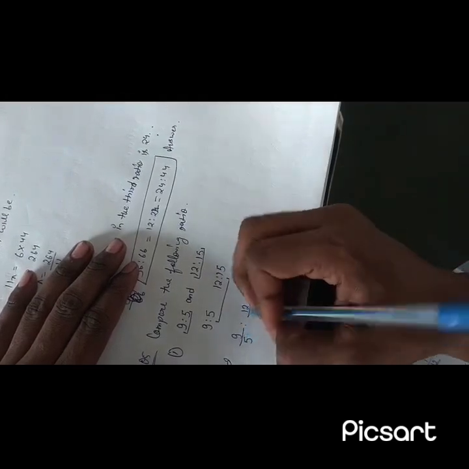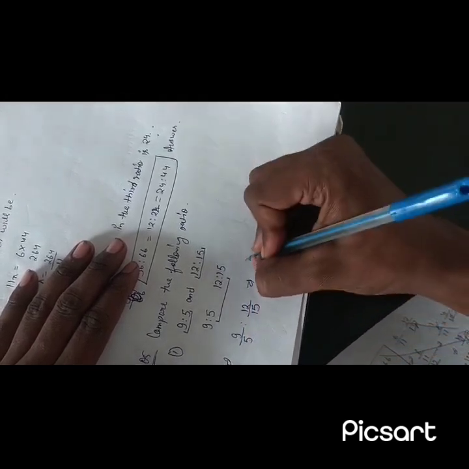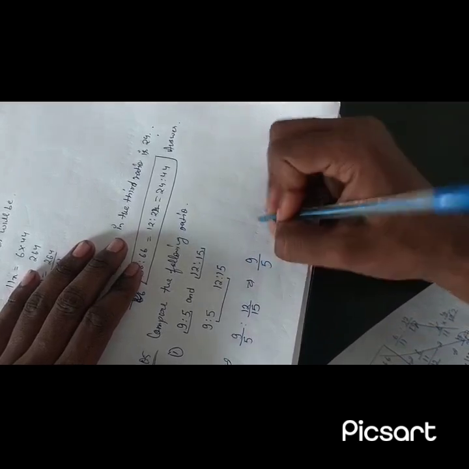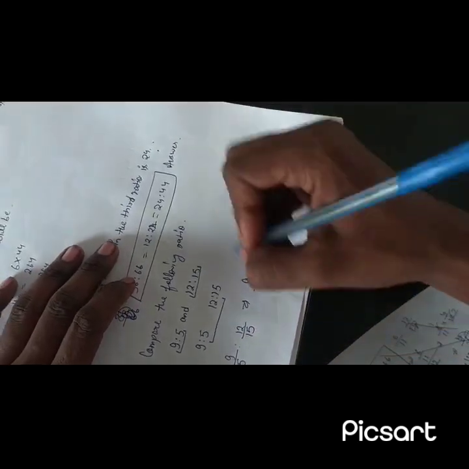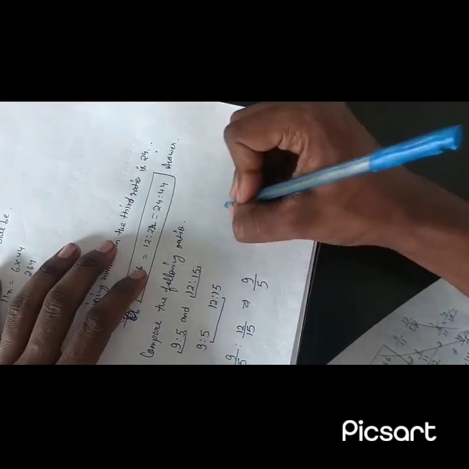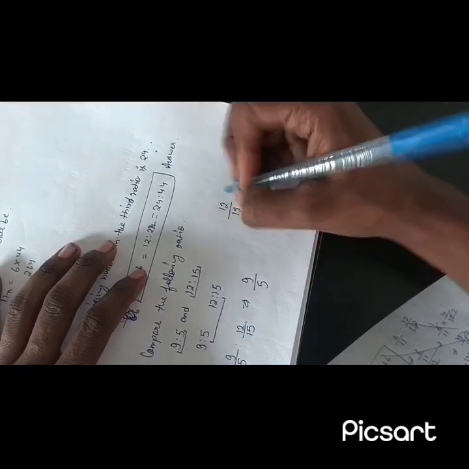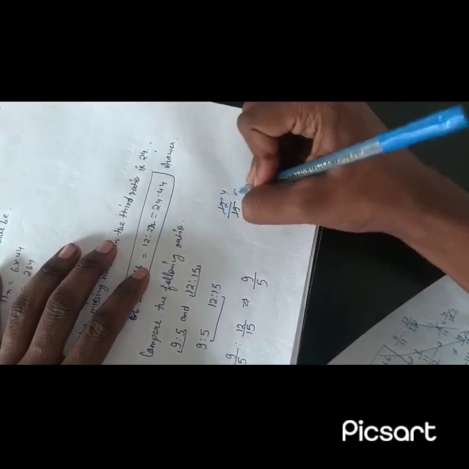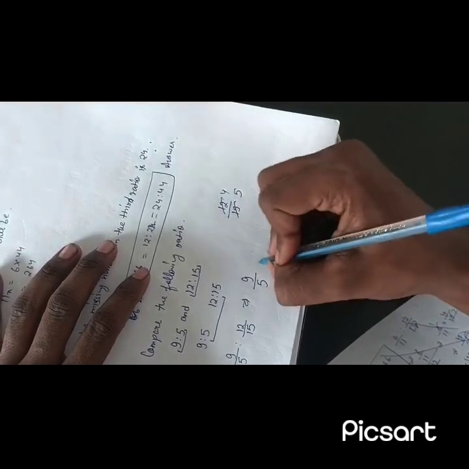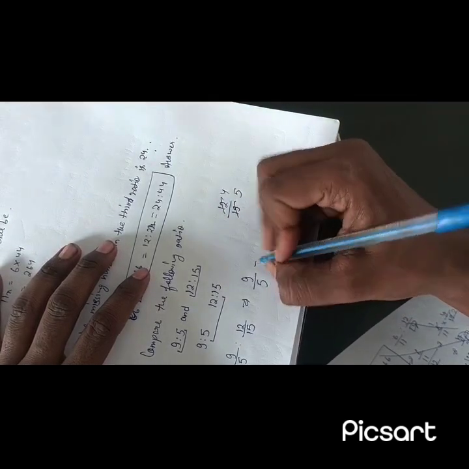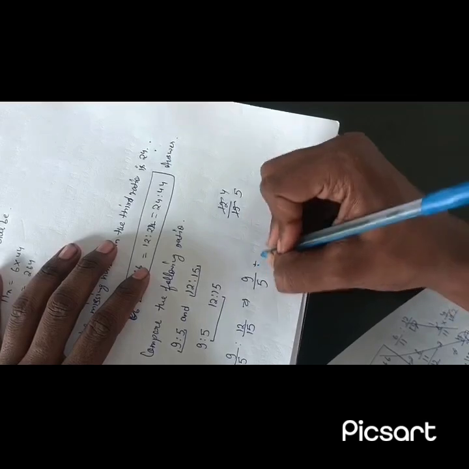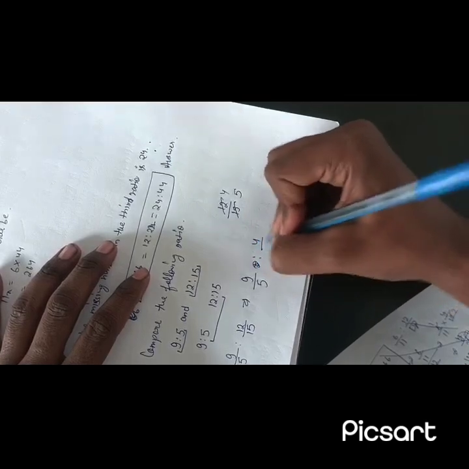Here 9 is to 5 cannot be divided further, but 12 upon 15 can be divided by 3: 3 fours are 12, 3 fives are 15. So now we get 9 is to 5 and 4 is to 5.